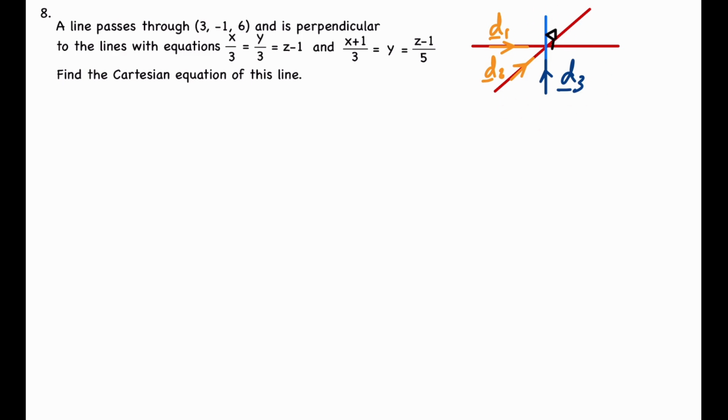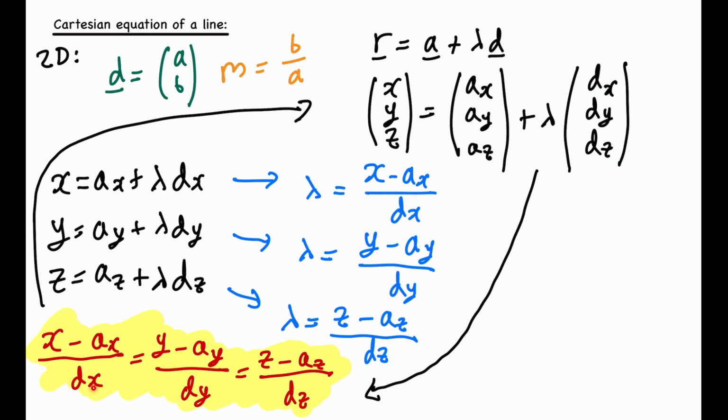So to find the direction vectors from the Cartesian equations, we can look at the Cartesian equation formula from before. As you can see here, the direction vector is dx, dy, dz, and it can be rearranged into this form where the dx, dy, and dz are at the bottom of the fractions of the Cartesian form. So let's look back at the question.